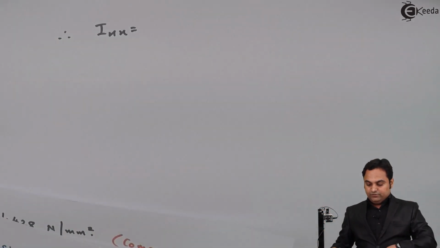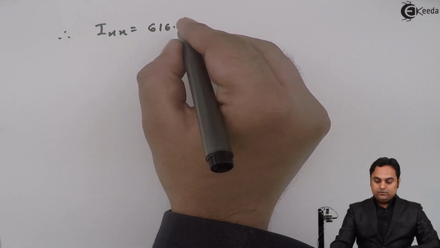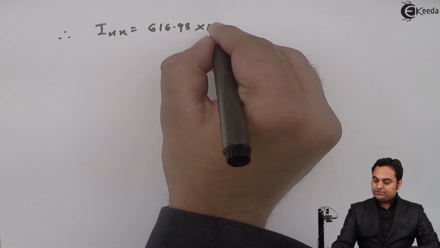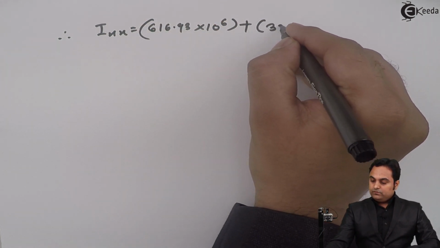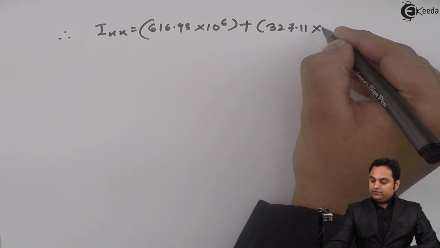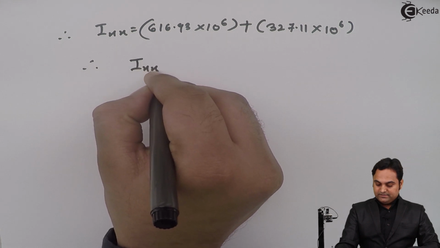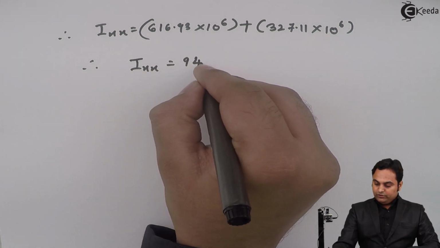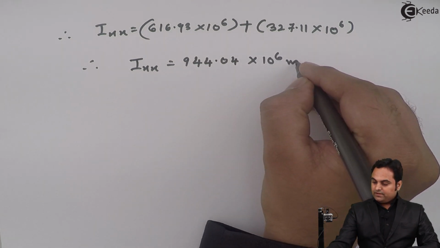So putting their values, Ixx1 was 616.93 into 10 raised to 6 plus Ixx2, 327.11 into 10 raised to 6. So therefore here I'll get Ixx as 944.04 into 10 raised to 6 mm raised to 4.